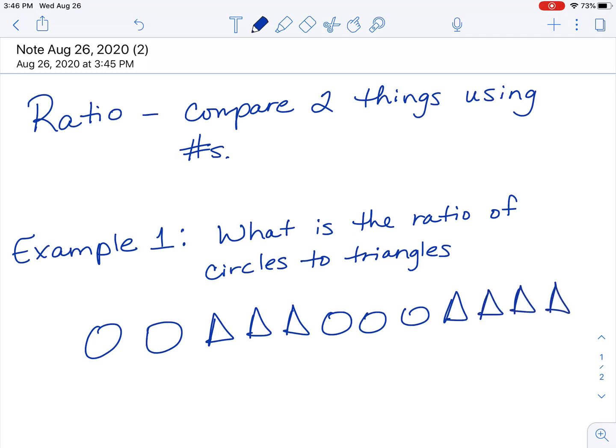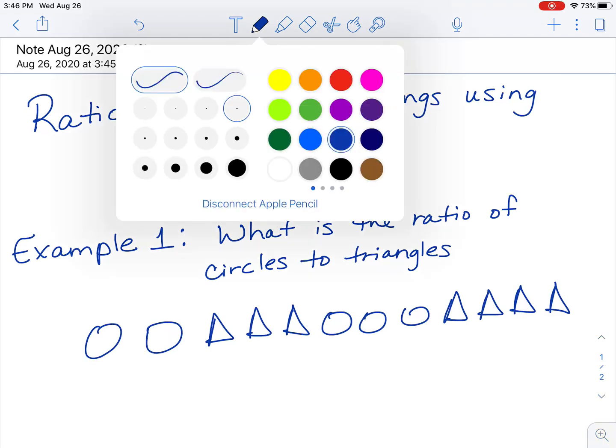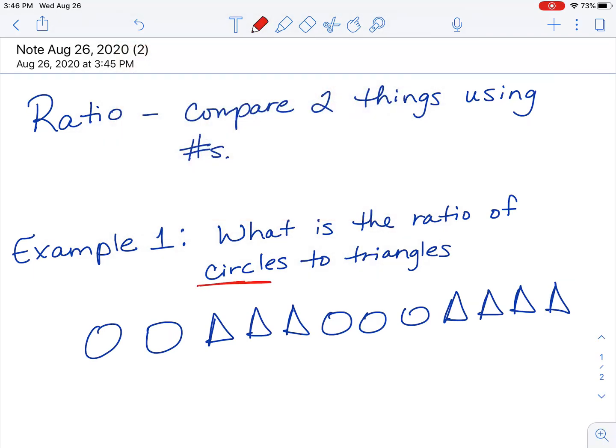Okay, so then you would go, I want to do circles to triangles. And remember, it's important what order you do it in. Circles to triangles. So circles will go first, triangles will go second. So there are 5 circles and 7 triangles.